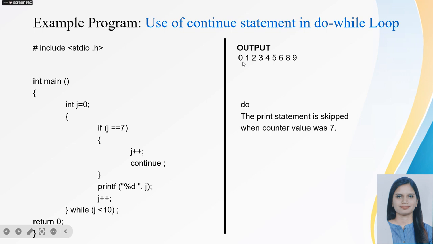The output shows 0 1 2 3 4 5 6 8 9, and this print statement is skipped when the counter value is 7.